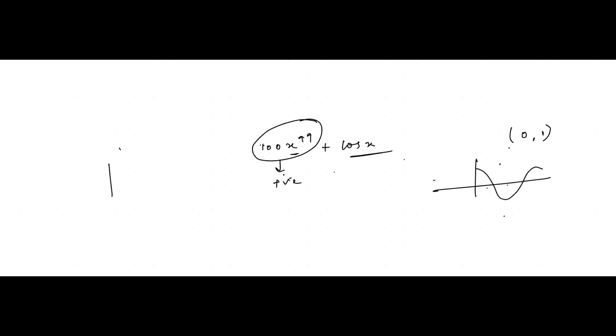So x we are taking from 0 to 1. Now we can understand this part will be positive. Now what about cos x? I have drawn the graph of the cos like this. And we also understand that cos is positive in between 0 to pi by 2, right?